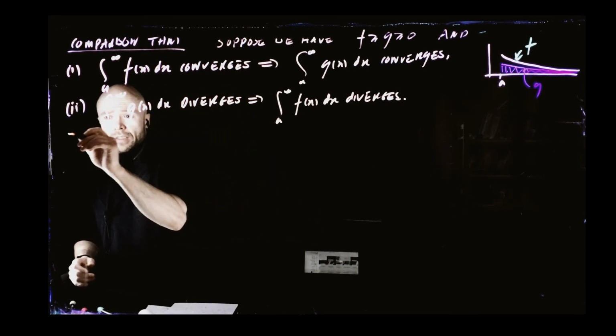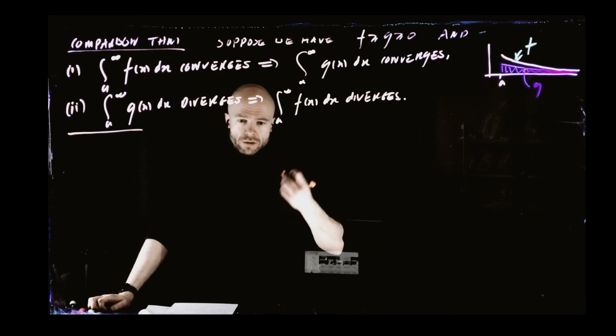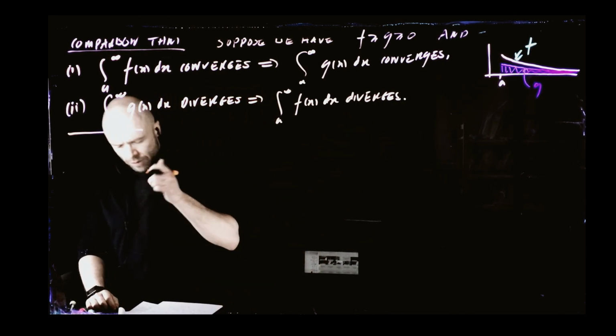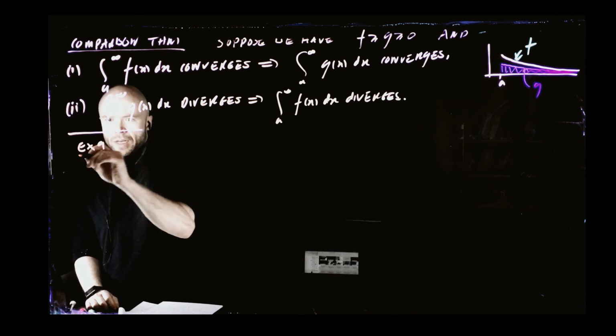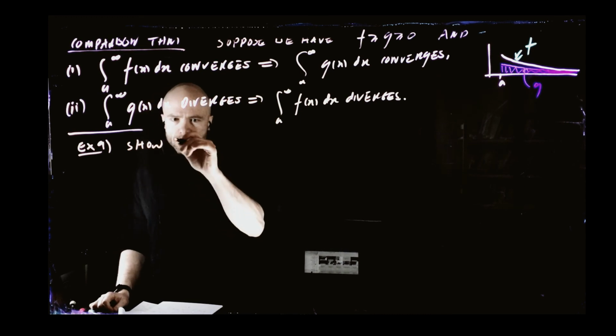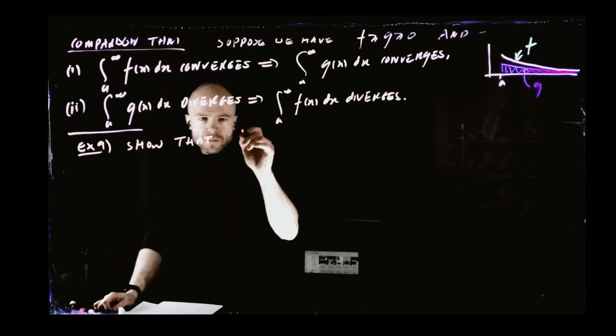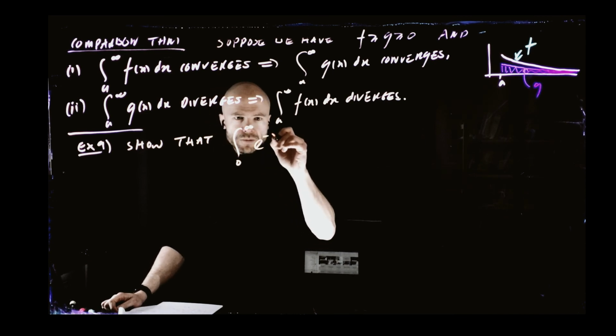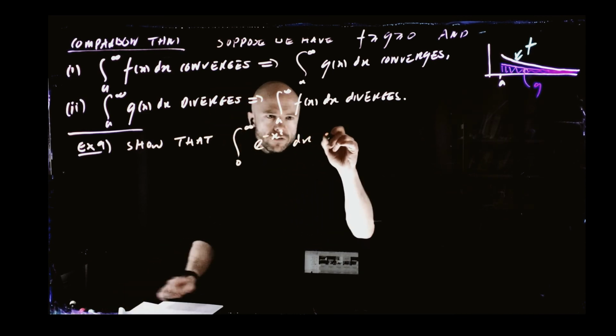Particularly when the question is about whether or not the thing converges rather than what the actual integral is. And you'll sometimes see questions of this form. So this is example 9. Show that the integral from 0 to infinity of e to the minus x squared dx converges.